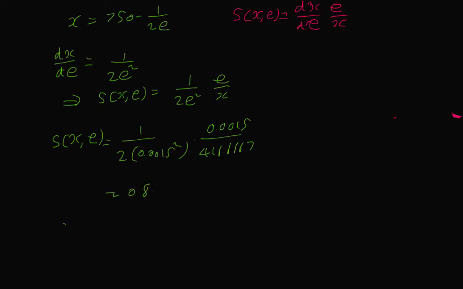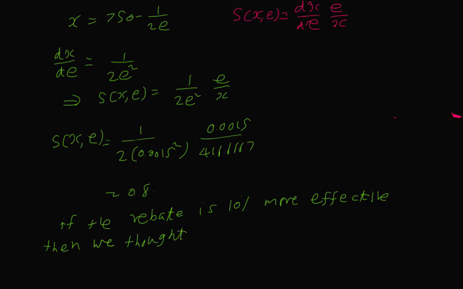So we can write that if the rebate is 10% more effective than we thought, then the optimal rebate will be 8% bigger.